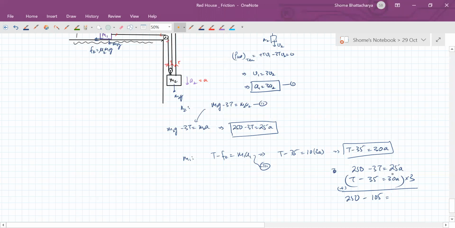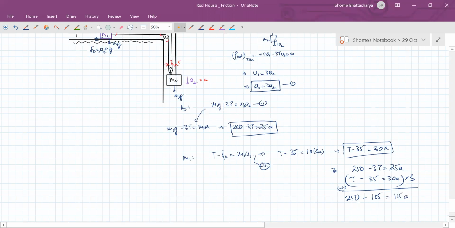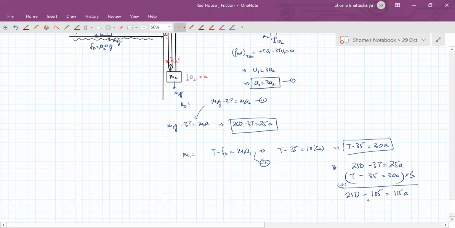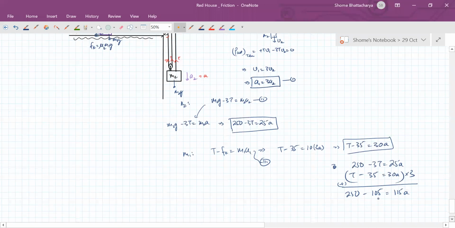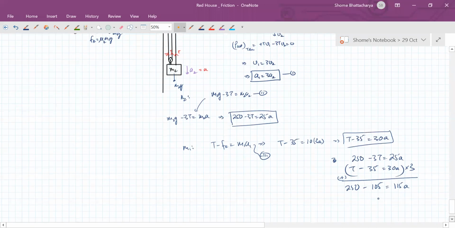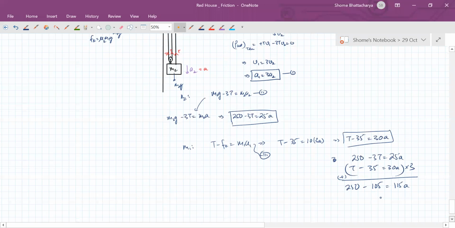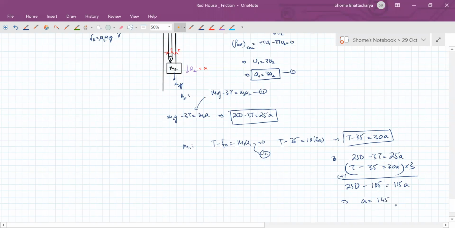Is equal to 25 plus 90, so that's how much? 115A. So we will get A as 145 by 115.